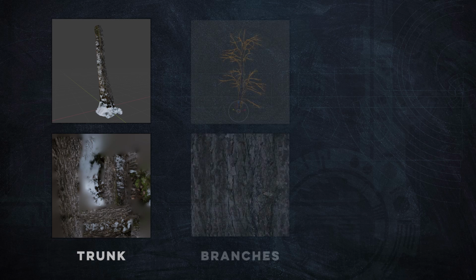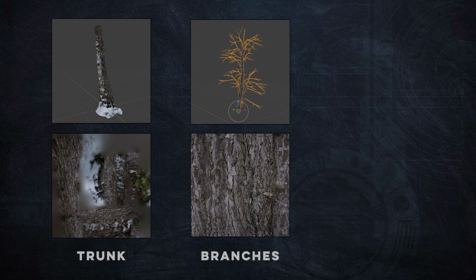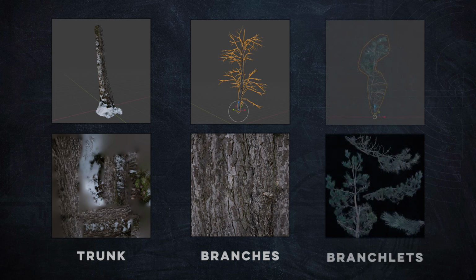The next element is the branches. This is done via procedural generation in Blender, in my case using a plugin called Modular Tree. The tiling texture used on this is assembled using photos taken of the real tree trunk. Last are the branchlets, which are created by taking high-resolution photos of the branches at the top of the tree, isolated against the sky.